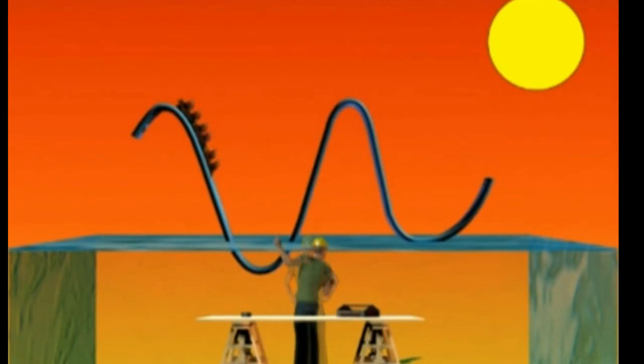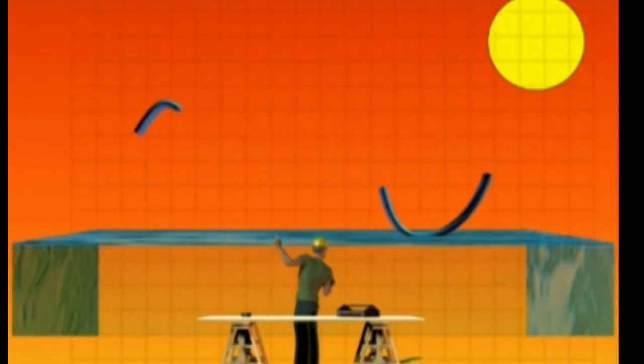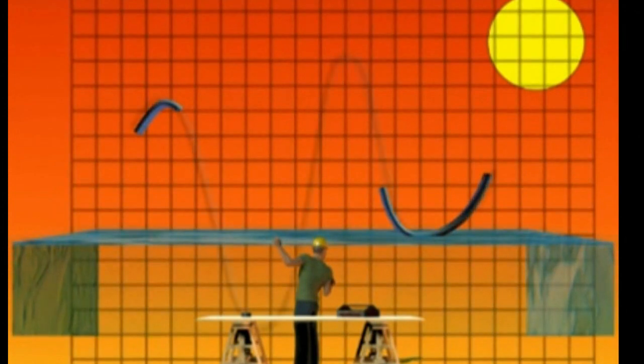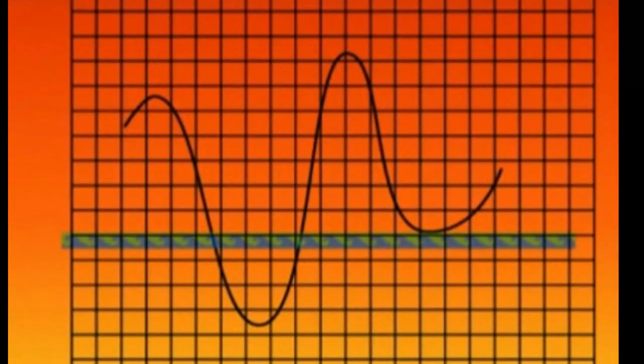First, Patrick removes the section of the roller coaster that goes underwater. Next, he makes a sketch of what the new section should look like. Now, he must direct his employees to build the new piece. But how does he describe a shape that curves up and down like this?